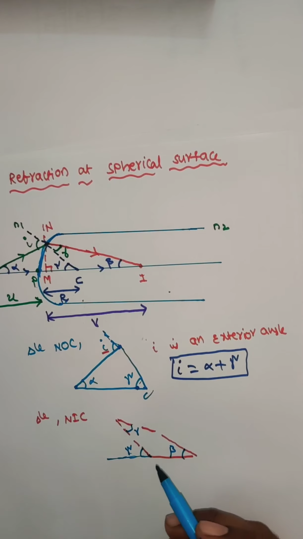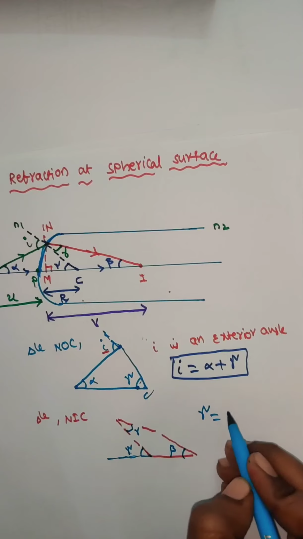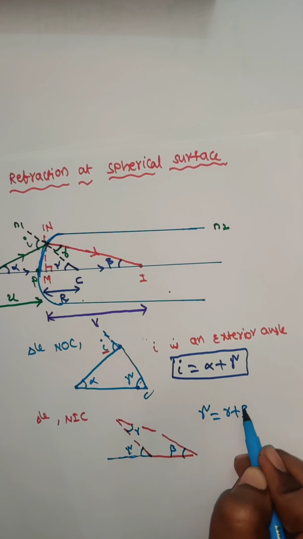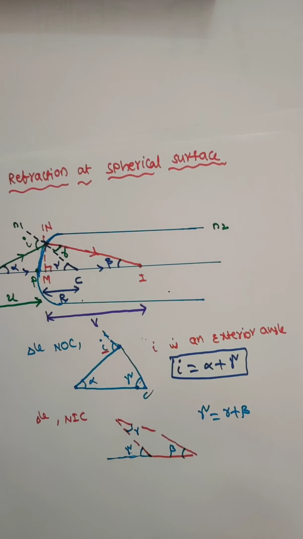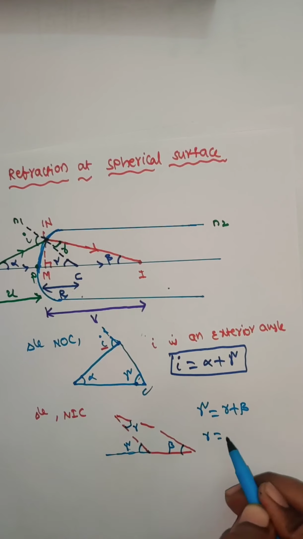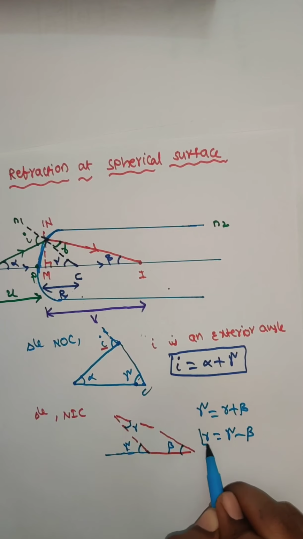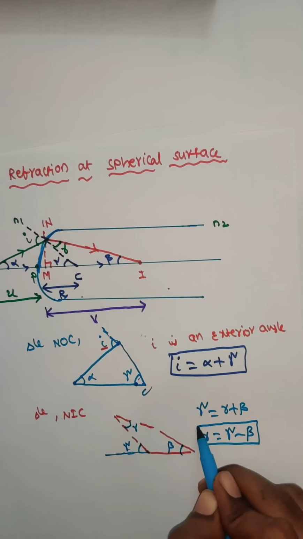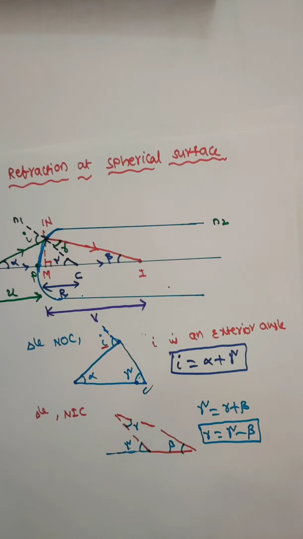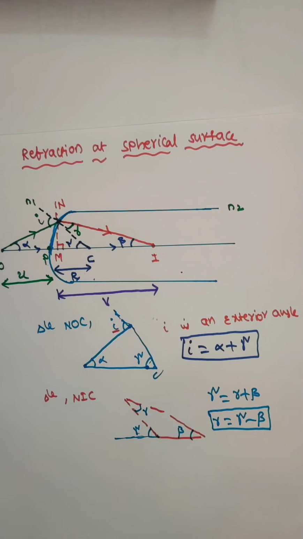If you apply a similar rule, gamma is equal to r plus beta. So here gamma is the exterior angle and r and beta are the interior angles. Then r is equal to gamma minus beta.